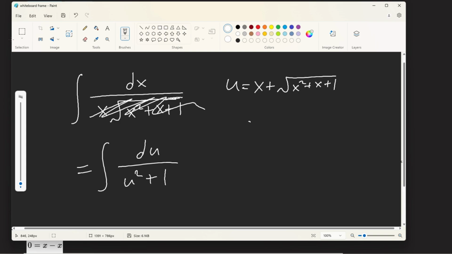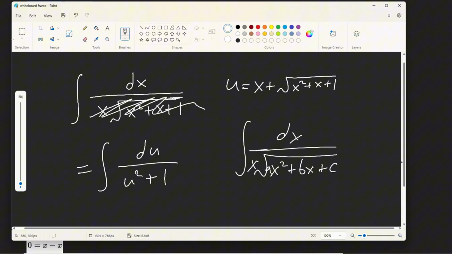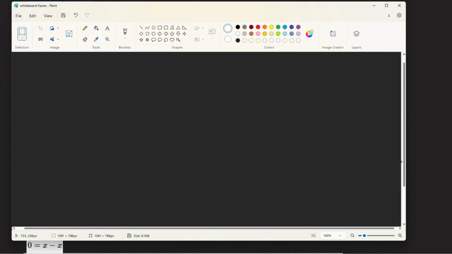So you only do it when you have something like a square root of ax squared plus bx plus c, or ax squared plus c, or with x here, right? We only do this when it's at the denominator. Okay, and that's Euler dodging. So pretending to know Euler sub, but we don't fully know it.